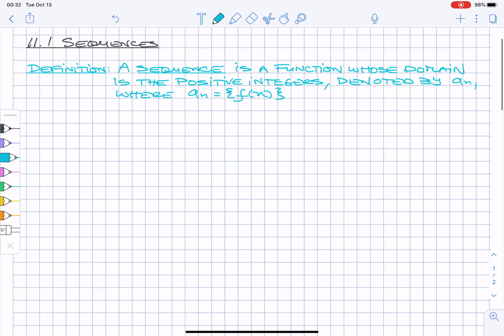Okay, so let's note there are two types of sequences. Number one, a finite sequence has n, strictly less than infinite, terms.